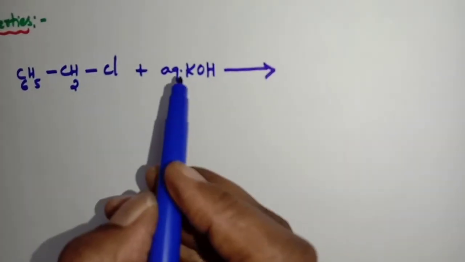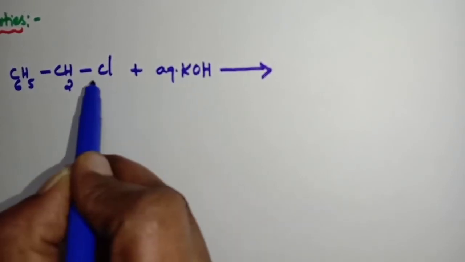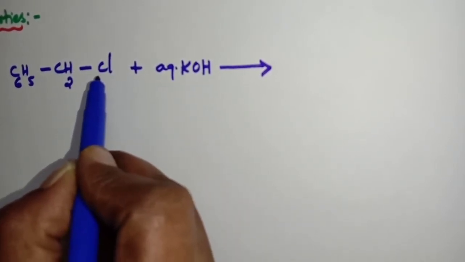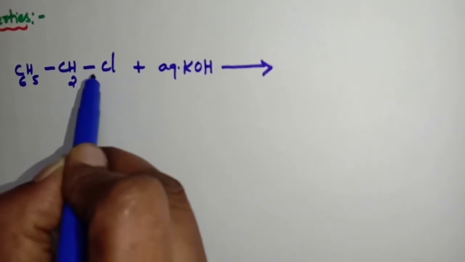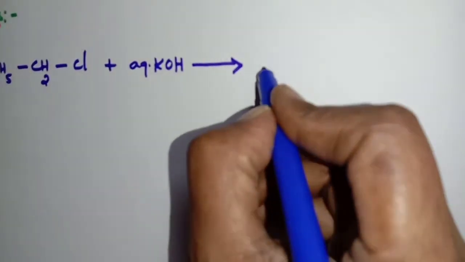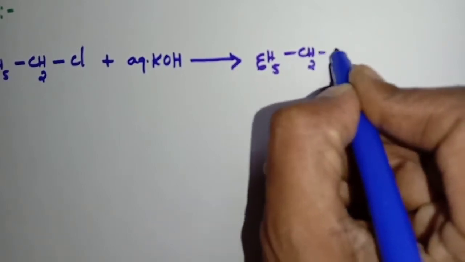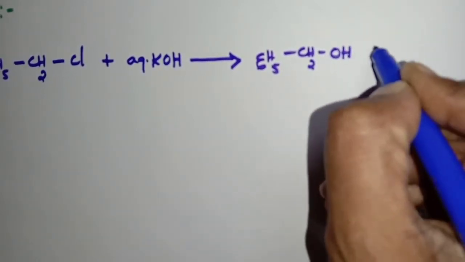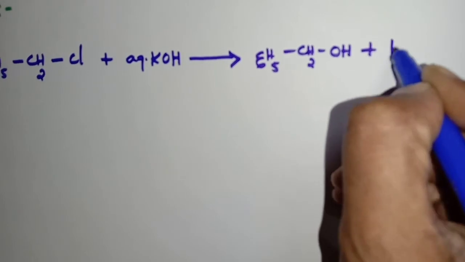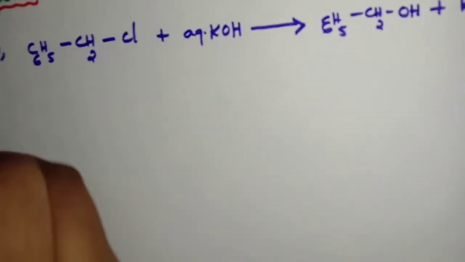What happens? This potassium K and Cl comes out as KCl. So this place is vacant now. So this is substituted by OH group. So resulting in the formation of, what is it? C6H5CH2OH. It is called as benzyl alcohol plus KCl is the byproduct. Okay.